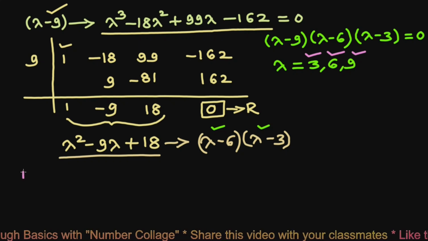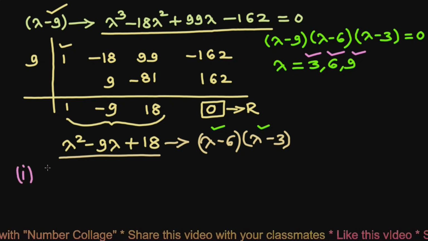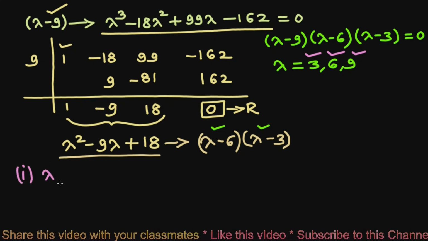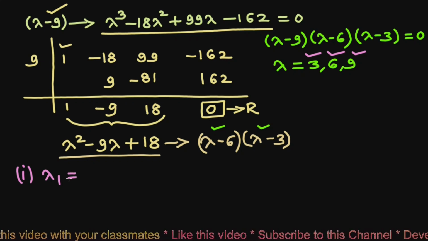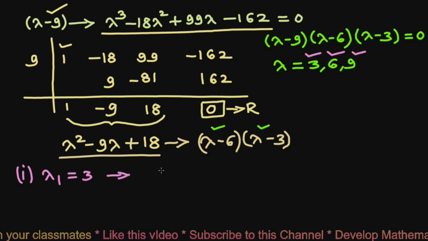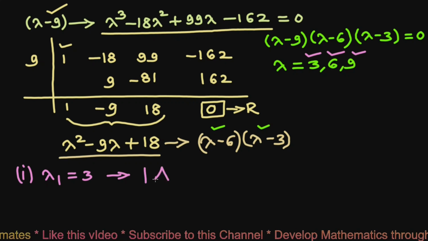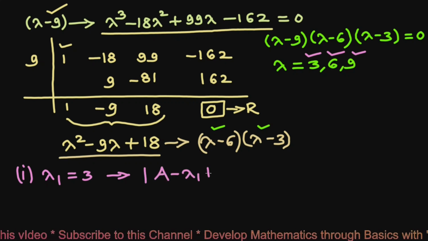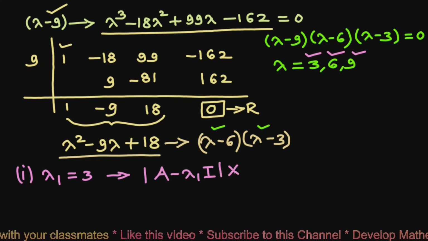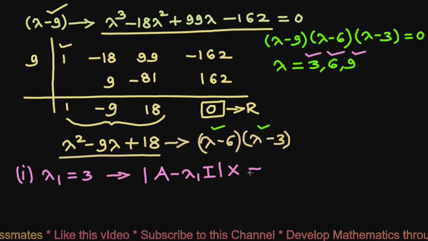Let us first find the eigenvector corresponding to the eigenvalue, say lambda 1 equals 3. For that, let us first write the characteristic equation: A minus lambda 1 I multiplied by the eigenvector X equals 0.